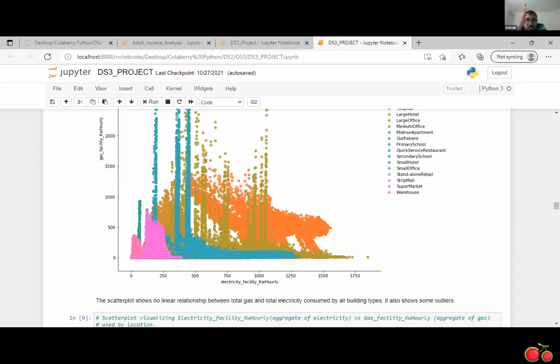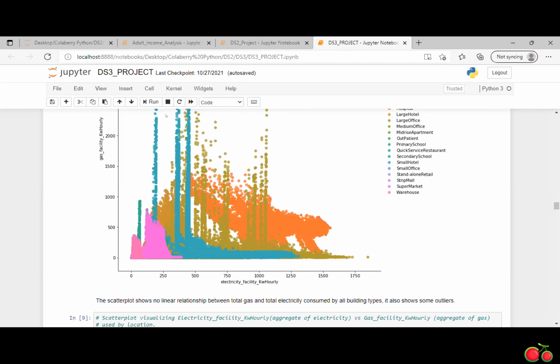But gas is super high. Think of a McDonald's or a KFC. Those are quick service restaurants. If they are frying sausages or patties or chicken, they'll be using gas almost the whole day. Yeah, and that's the reason for the high gas consumption.